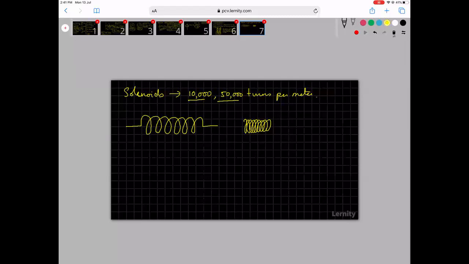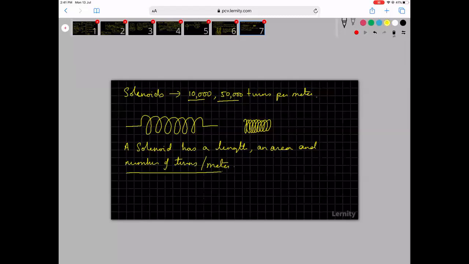Okay, so a solenoid has a length, then an area, and number of turns per meter.